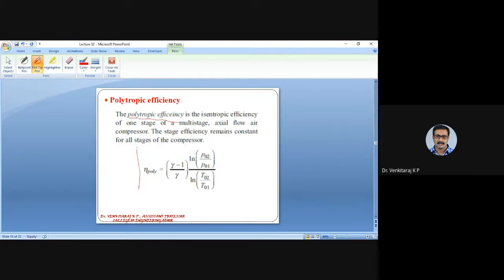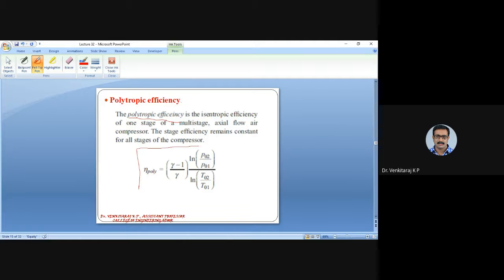It is actually not mentioned in your syllabus, so I have not included it. The polytropic efficiency means efficiency of a single stage of a compressor. You can define an isentropic efficiency for the overall performance of the compressor, and here polytropic efficiency means the isentropic efficiency for a single stage of a compressor.